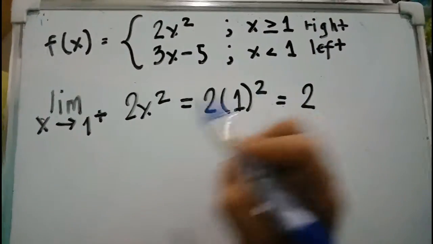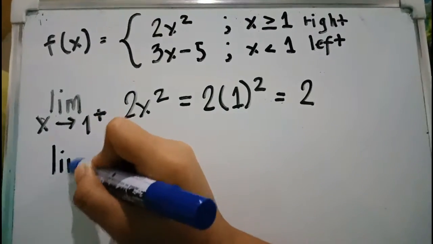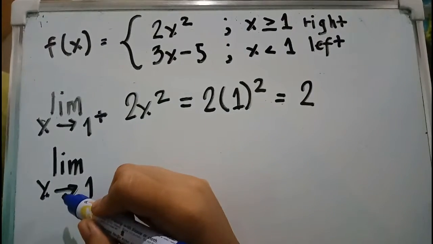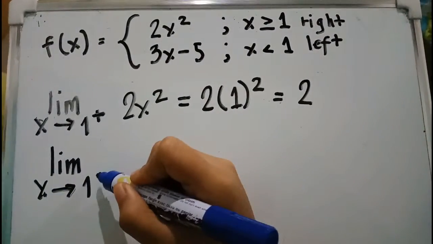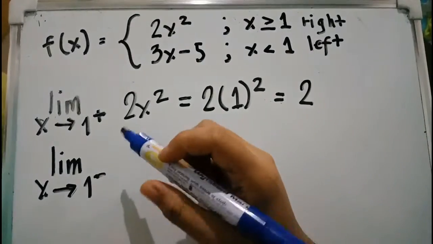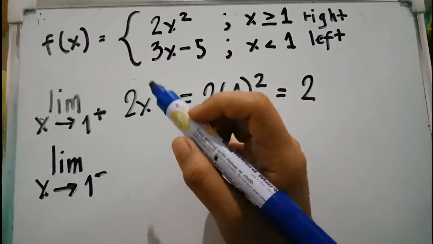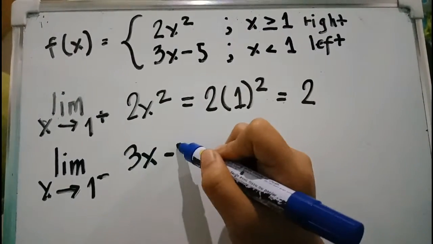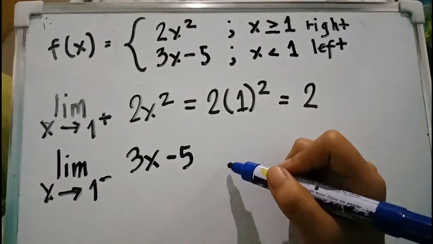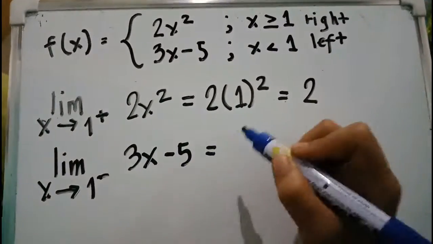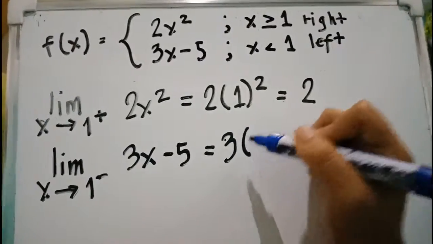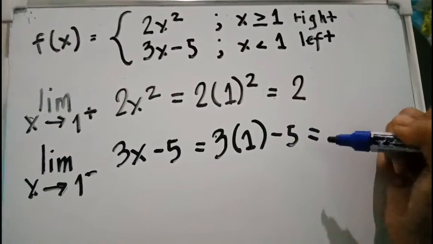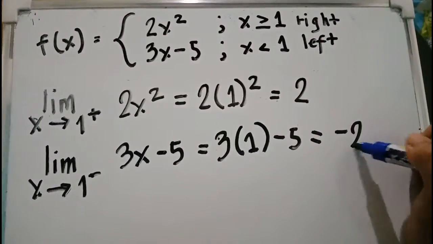Okay, after the right direction, we're going to find the limit as x approaches 1 from the left side. The equation of the left side is actually 3x minus 5. So we're just going to substitute 1 again. 3 times 1 minus 5, and we'll get negative 2.